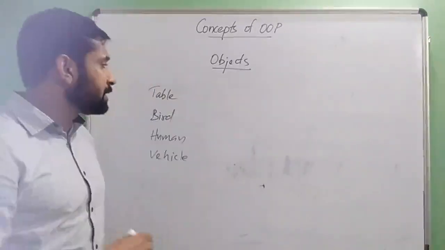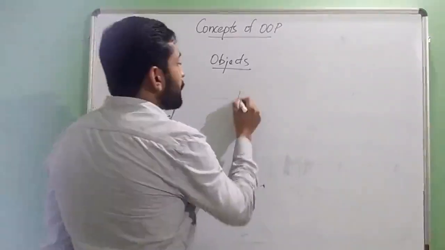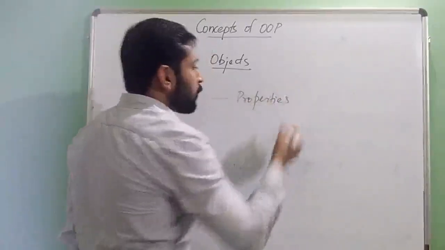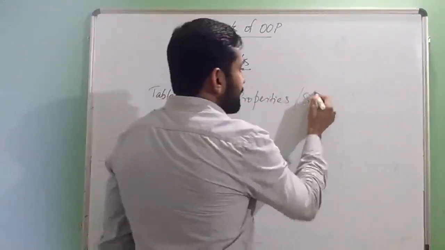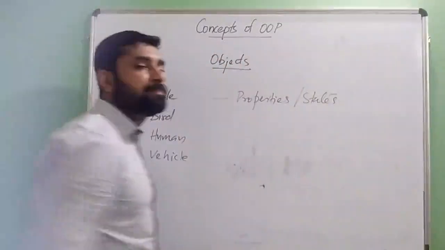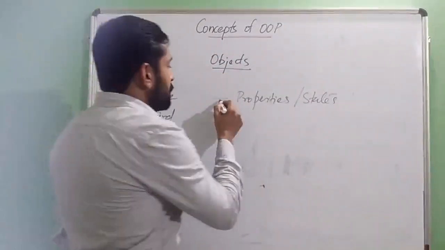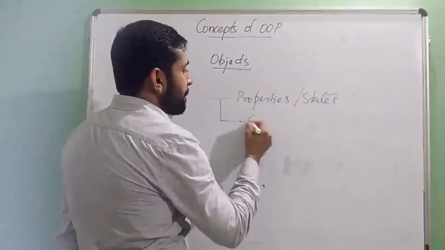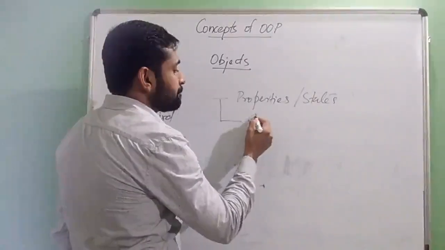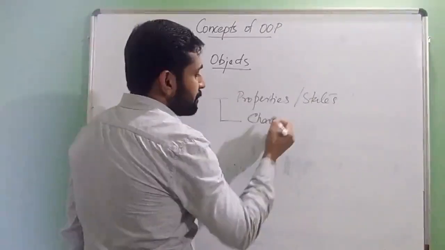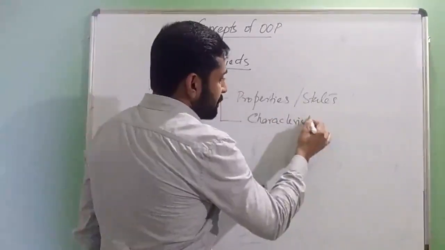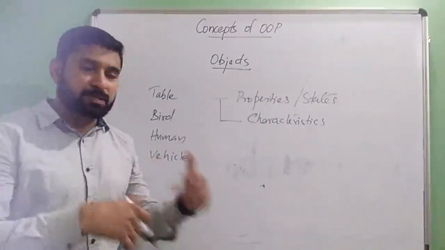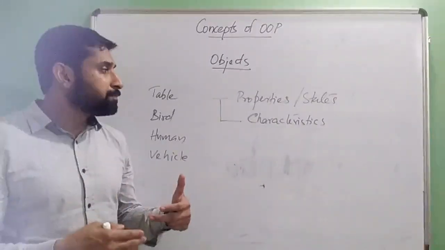Anything that we see which has some properties. Objects have properties, or we can say they have states, and objects have characteristics.